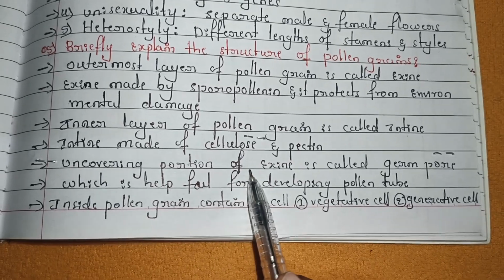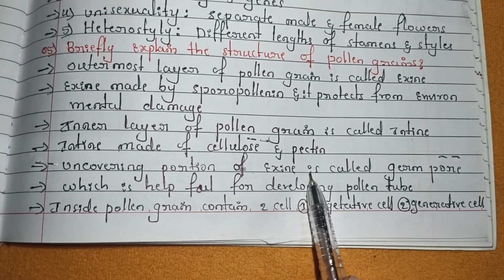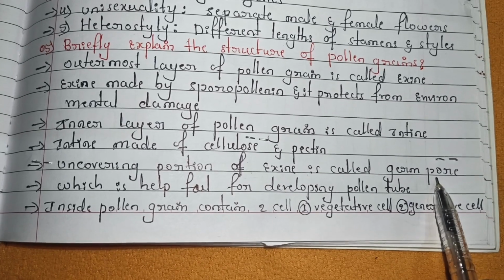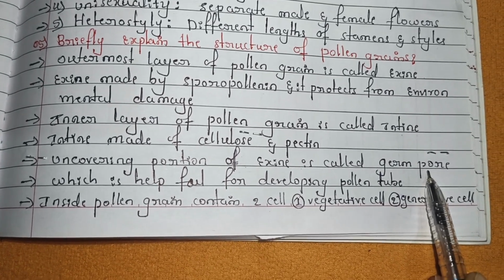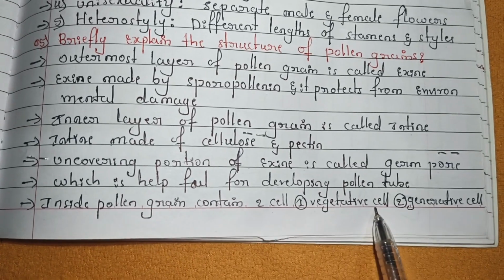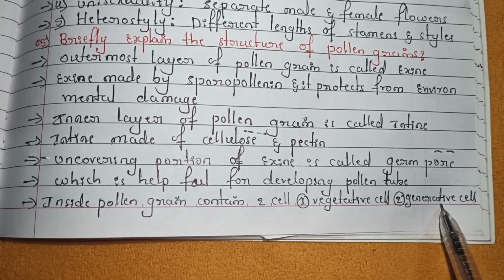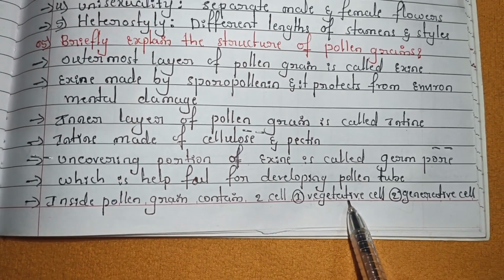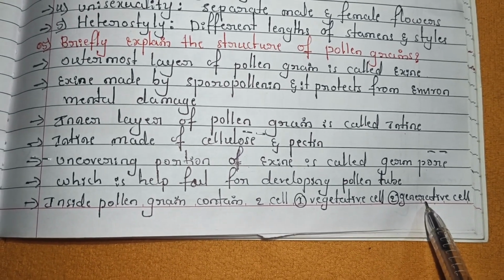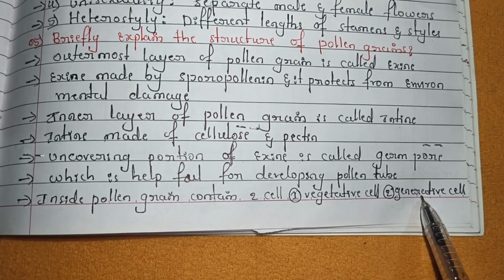In certain regions the exine is not covered, and that area is called the germ pore. It helps in the development of the pollen tube. Inside there are 2 cells, one vegetative cell and another generative cell. The vegetative cell helps in pollen tube formation, and the generative cell helps in gamete formation.